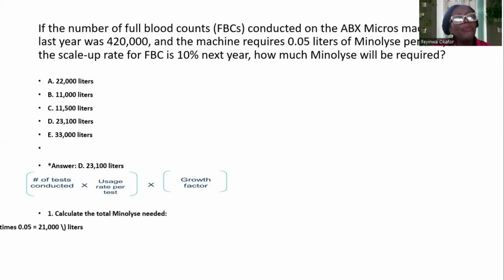So we have 42,000 times 0.05 liters, which gives us 21,000. You multiply this by the growth rate, which is 10%, and you have 23,100 liters. So our answer is D.